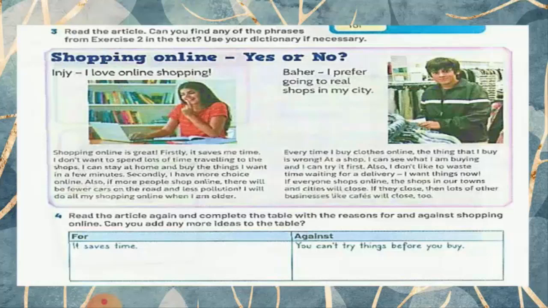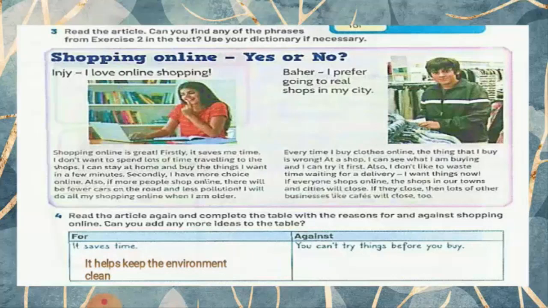Secondly, I have more choice online. Also, if more people shop online, there will be fewer cars on the roads and less pollution. I will do all my shopping online when I'm older. So one of the advantages of online shopping is it saves time and it helps keep the environment clean.